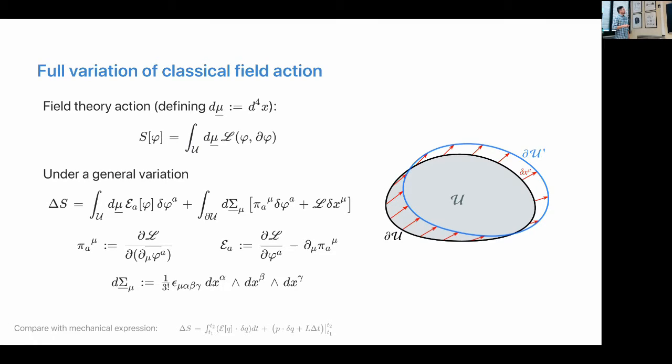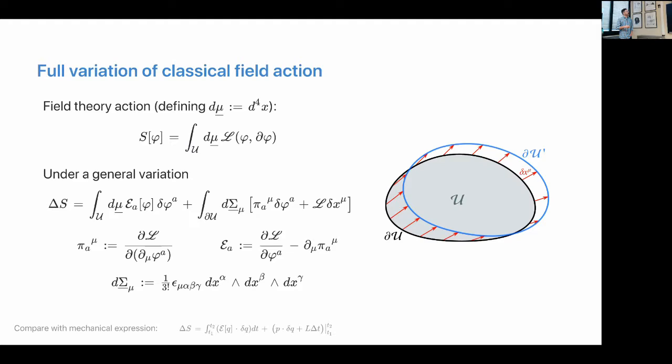and the general variation of this action takes this form. The first piece is just the field equations, and this quantity here you can say is a covariant, in quotes, generalization of the conjugate momentum, sometimes called the Pauli momentum. And this last piece can be interpreted as the Lagrangian times the area swept out by this displacement vector delta x mu.